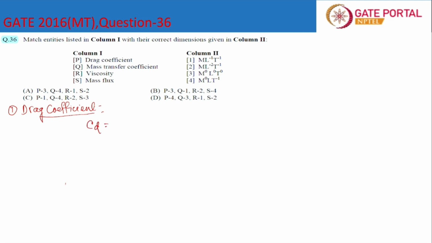So this is basically the ratio of drag force divided by half into density into area on which the drag force is applied. So I will write what are these. This is the drag force.